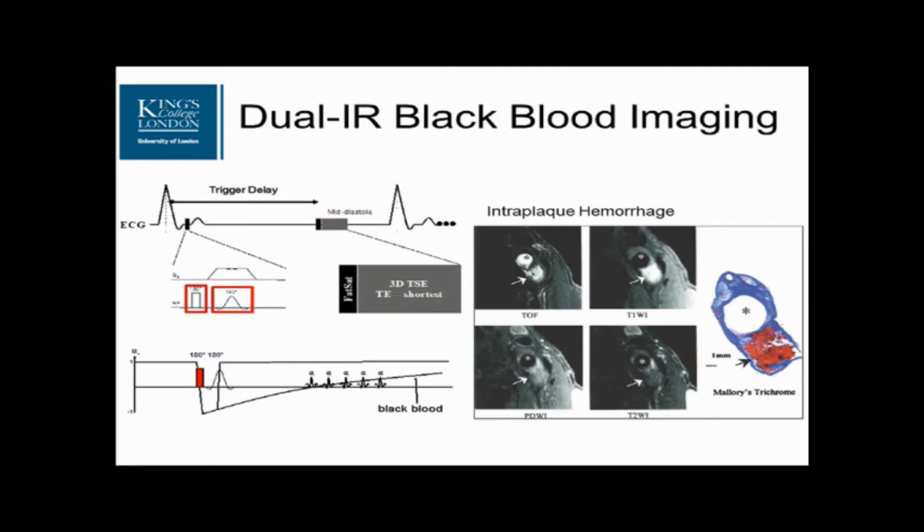However, the inflowing blood only experiences the first pulse, and for that reason we can image when the Mz magnetization crosses 0, and we get a black blood image, as shown here. You can see the blood on those images appears black, whereas, in this case, a hemorrhage on the T1 weighted sequence appears bright.